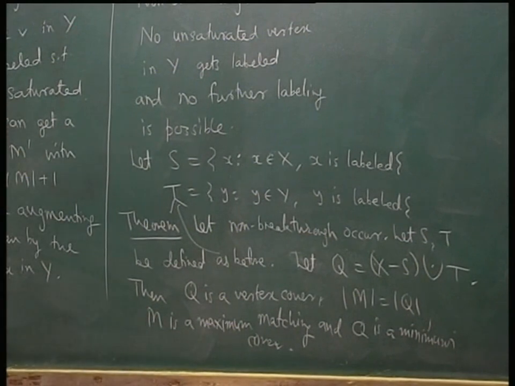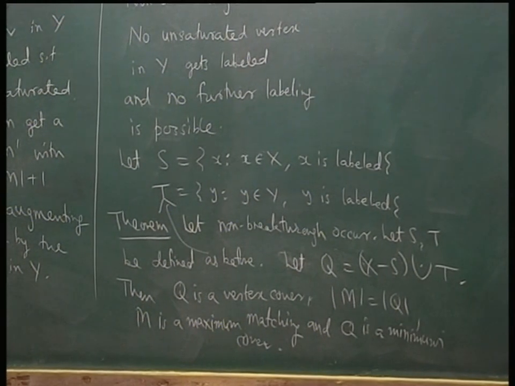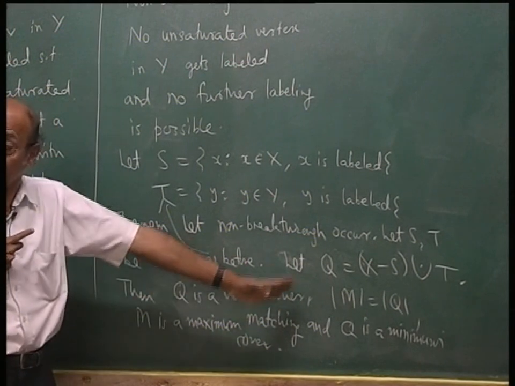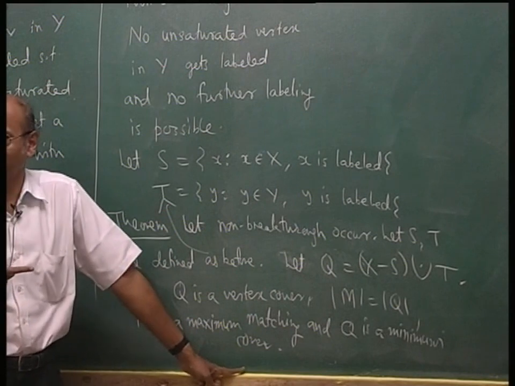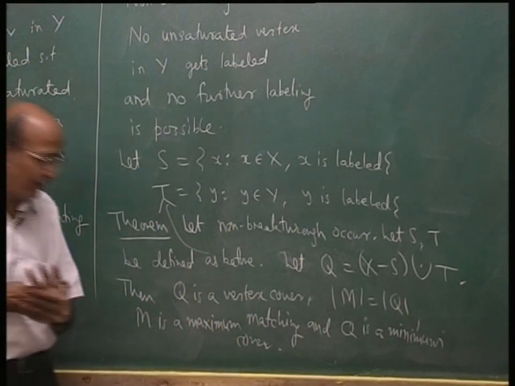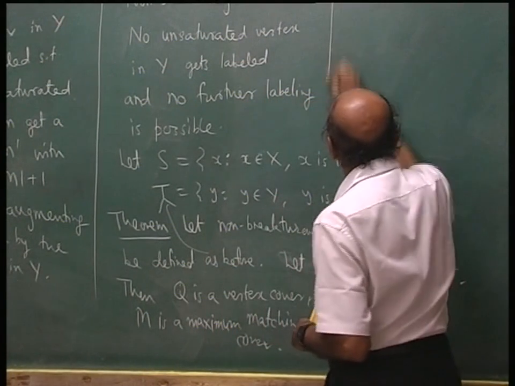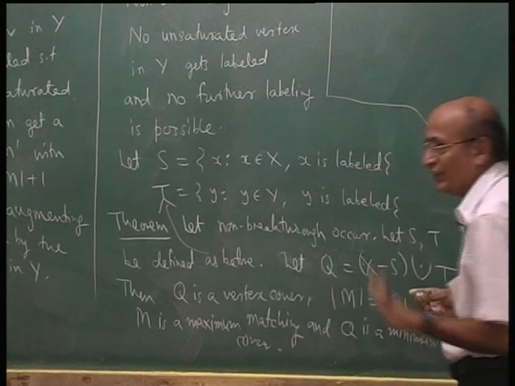Duality is a very strong theory in this area of combinatorics. Very strong ideas. There are lots of claims being made here simultaneously. Proof, one by one.